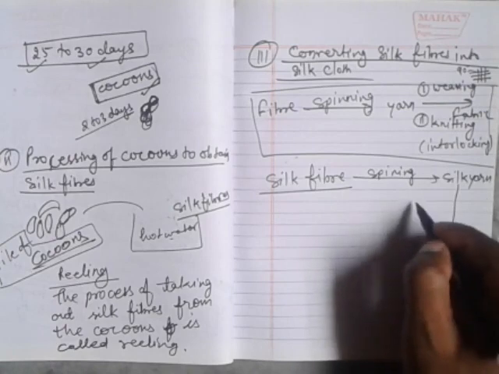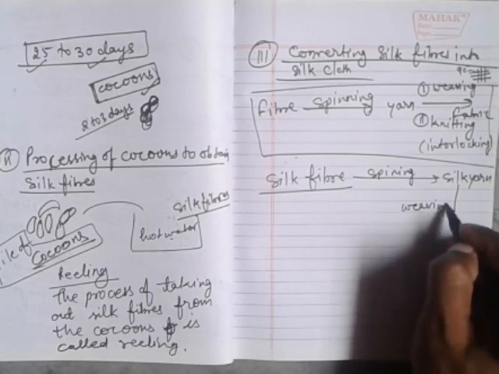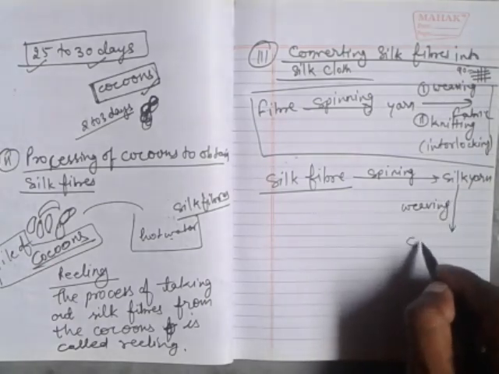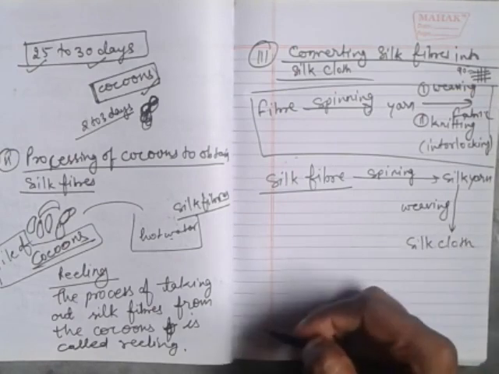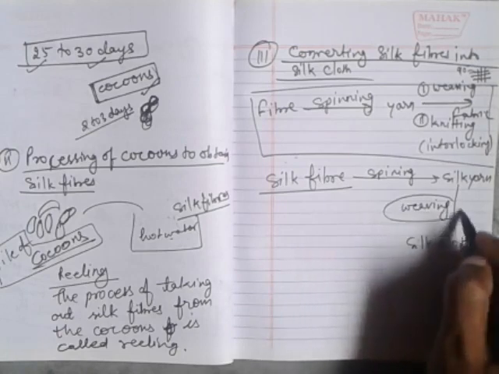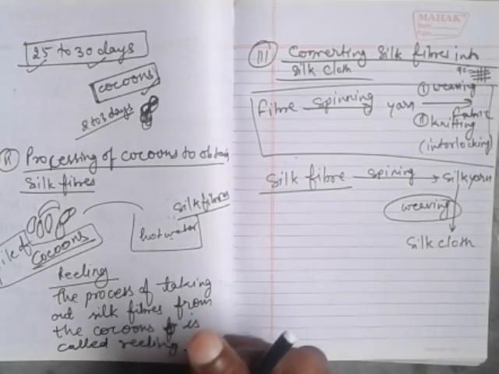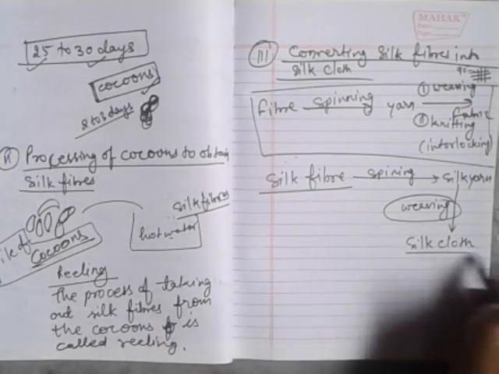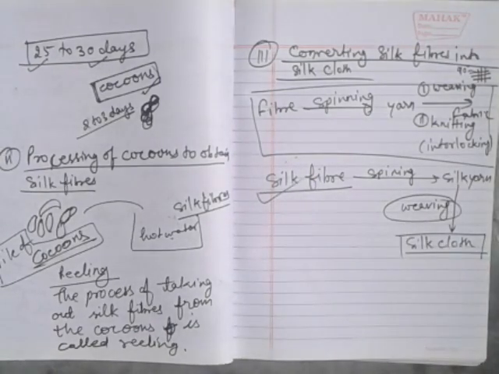This silk yarn is converted into silk cloth or fabric by performing the weaving process, and in this way we get the silk cloth from the silk fiber.